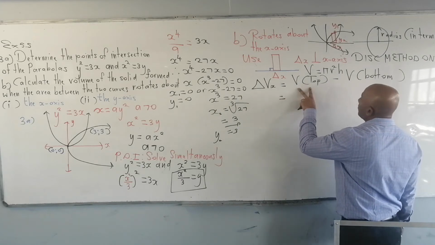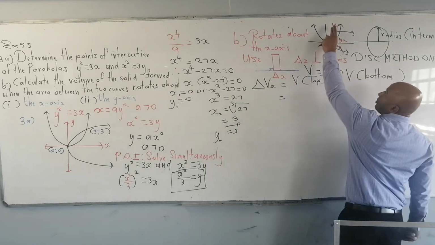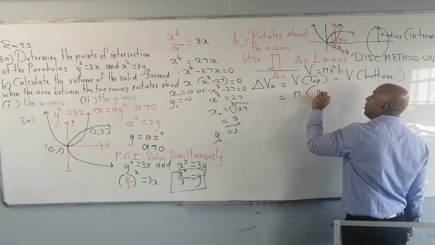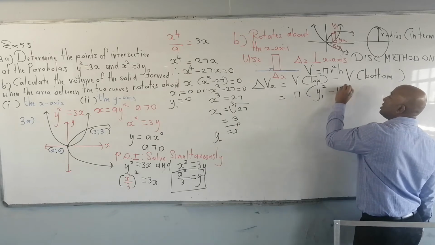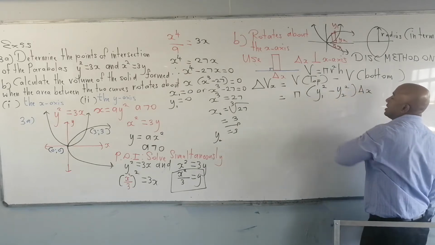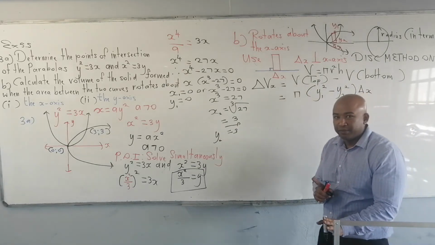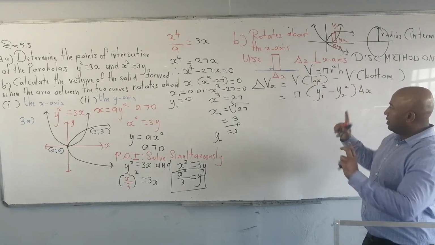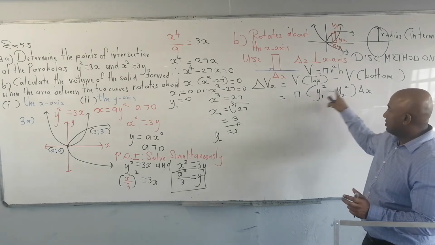So what is the volume of the top graph? Your top is y1, so it's going to be pi times y1 squared minus y2 squared times delta x. I'm doing it in one step. You know it's going to be top minus bottom. When you factorize it, this is what you get.